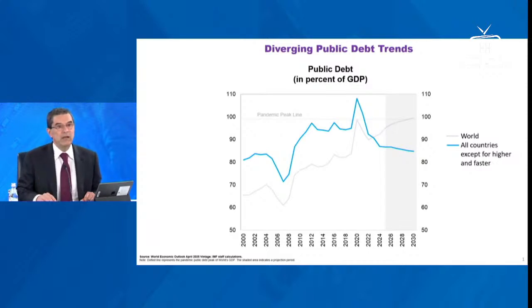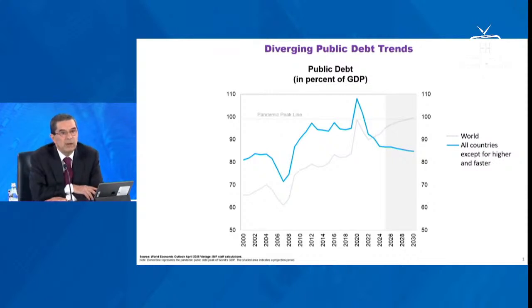After 2020, as you can see, the trends diverge. The two lines actually cross in 2023. For these 116 countries, aggregate public debt is now well below pandemic levels. But going forward, it is very flat, indicating a stabilization of public debt at high levels.